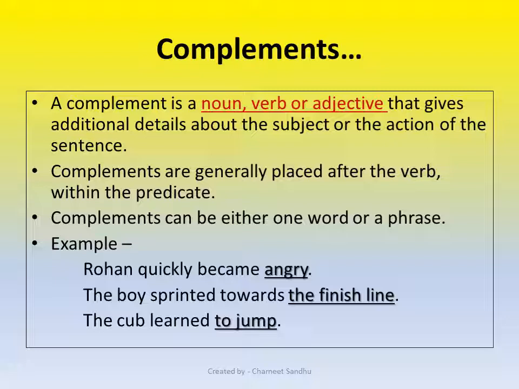The word angry here gives more details about Rohan's state of being or how Rohan is. In the next example, the boy sprinted towards the finish line. The subject is the boy. The complement here is the finish line. The finish line gives additional details.